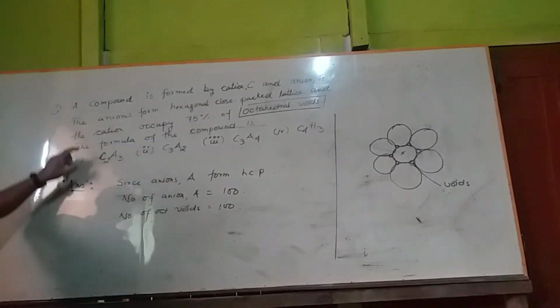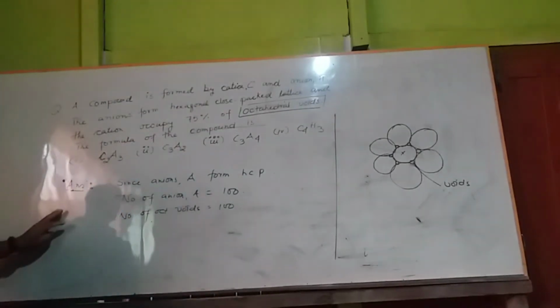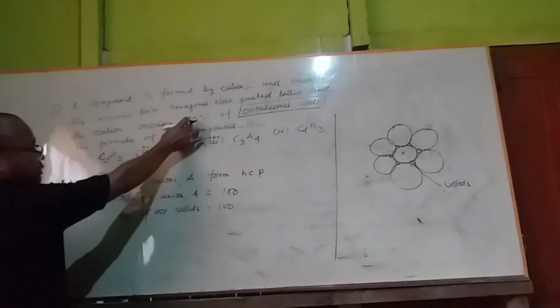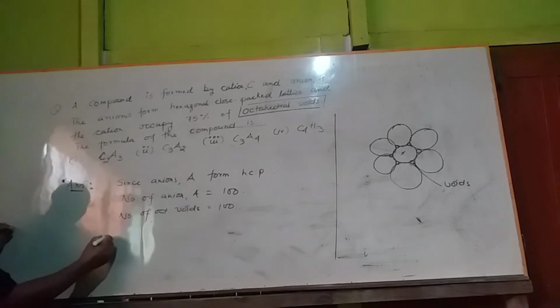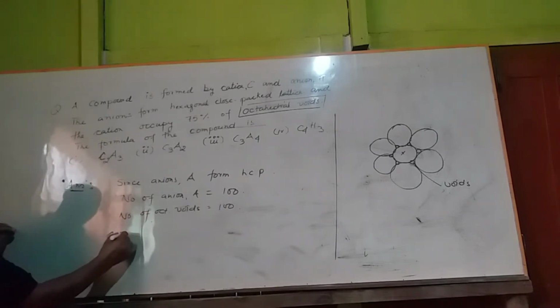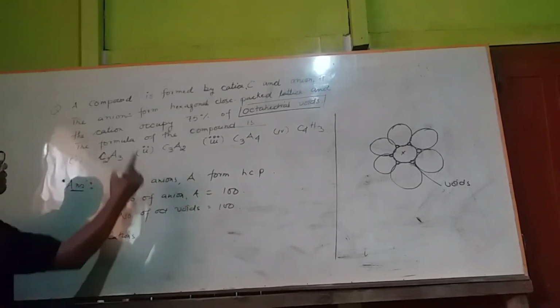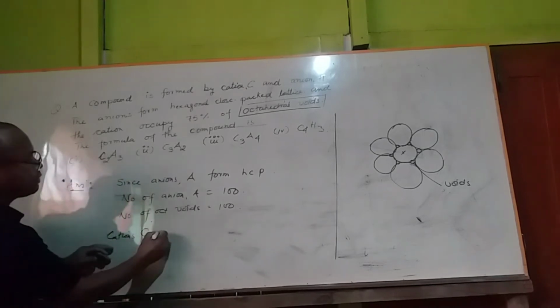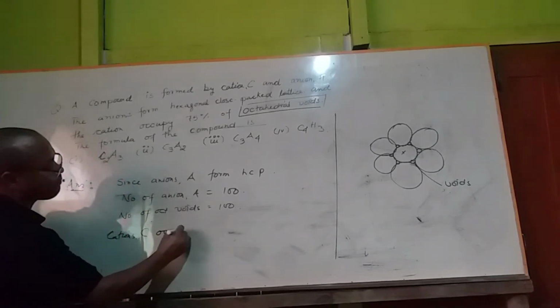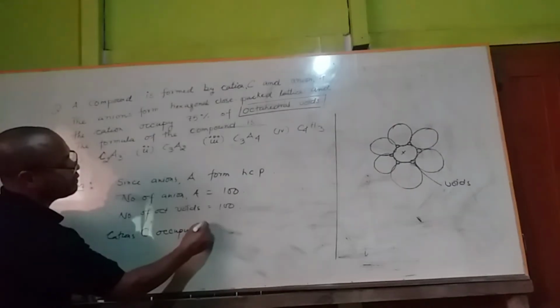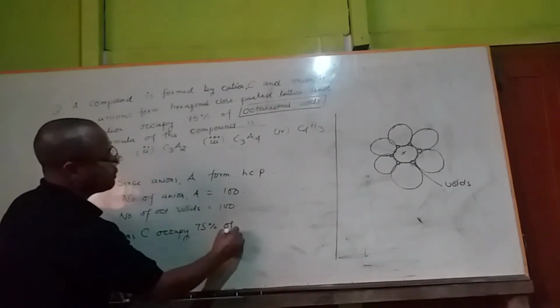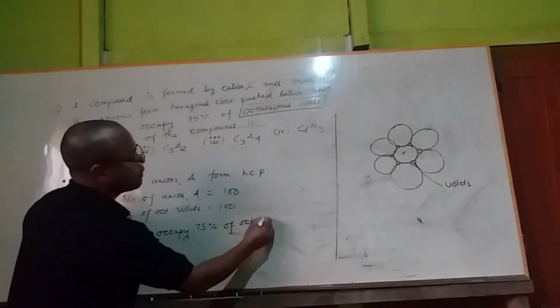Now, how much percent of the voids is occupied by the cations? The cation, written here as C, occupies 75% of the octahedral voids.